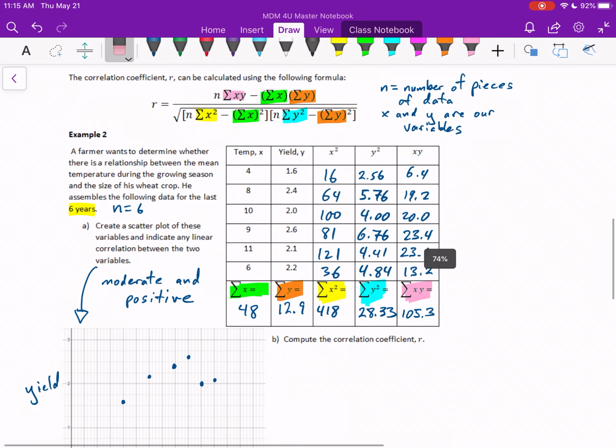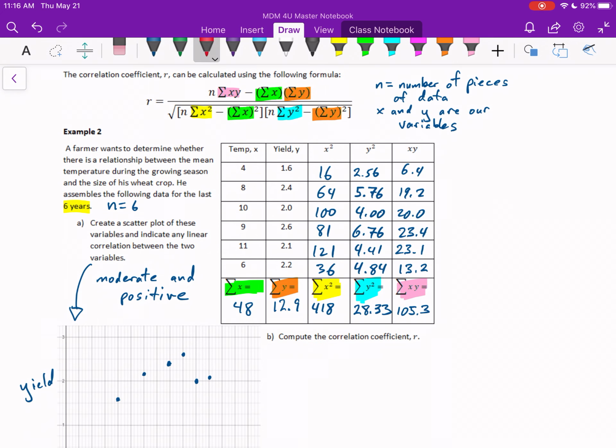Then we put them in the appropriate place in the formula. So I'm going to take this formula and start filling things in.